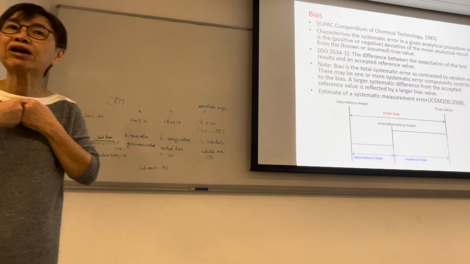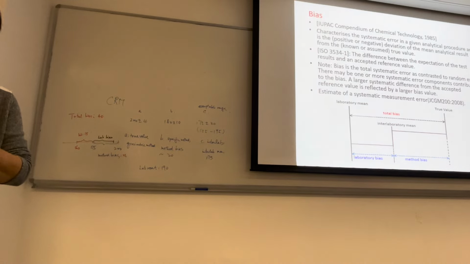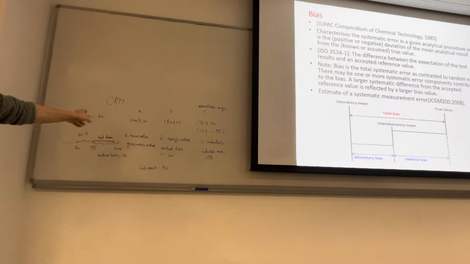But we know that we have added 200 into our sample. So you can just recover 80% of the analyte in the sample. So the method itself has bias from the true value. The true reference value and the true value have a bias of 25 units, okay?